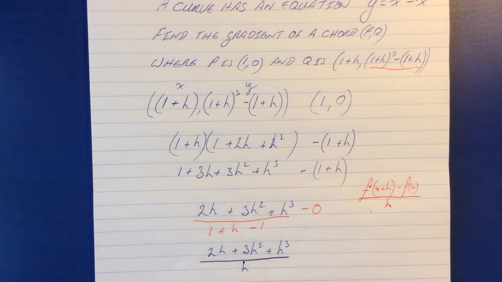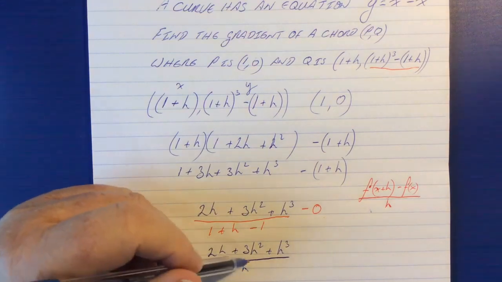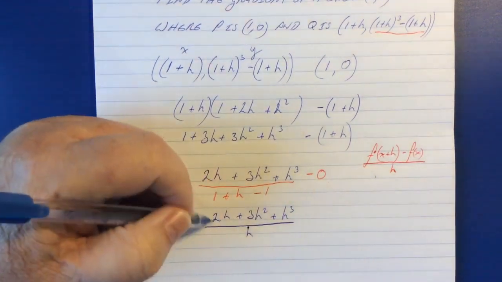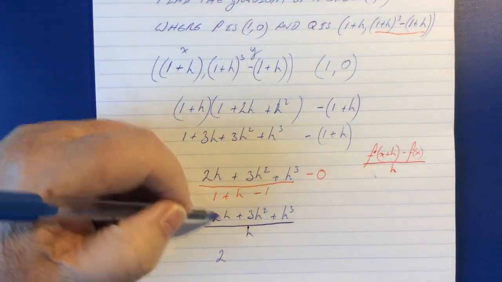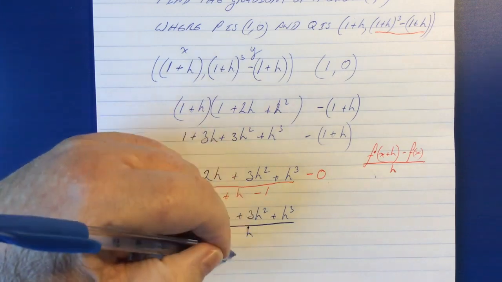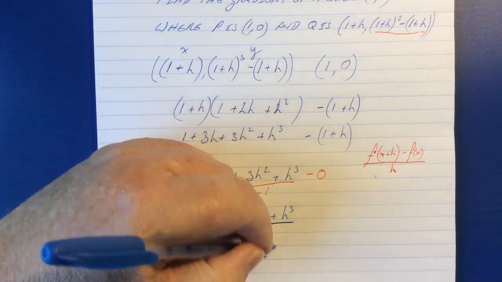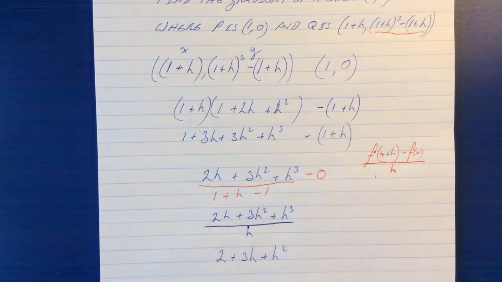You have to think about the order in which you do things. So we're going to divide through by h, and we're going to get our solution. So that gives us 2. That cancels. That gives us plus 3h plus h squared. And that is the gradient of the chord that we've been looking for.